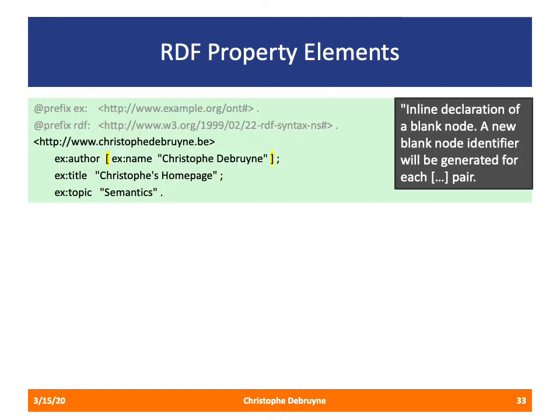Now, blank nodes can also be represented in RDF Turtle. The inline declaration of a blank node is done by means of square brackets here. So here we state that the thing with URI http://www.christophedebruyne.be has the author, the unnamed thing that has the name Christophe de Bruyne.